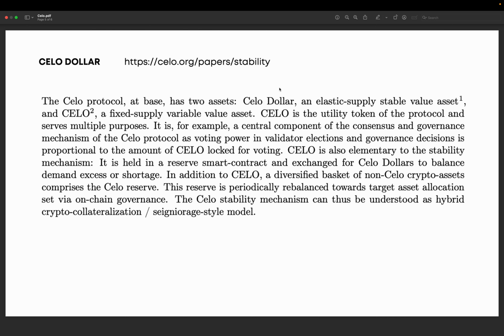Also, it says here that they have a diversified basket of non-Celo crypto assets that comprises the Celo reserves. So that is the thing that underlies the dollars. In the end, they talk about it being a hybrid crypto collateralization seigniorage style model.